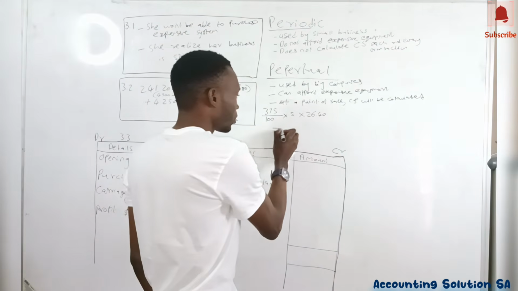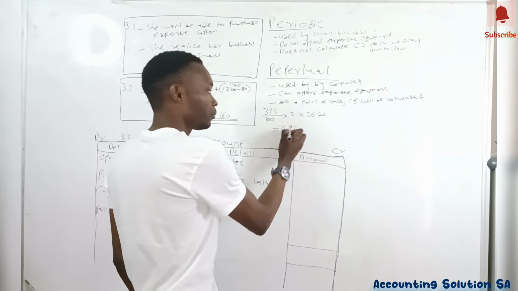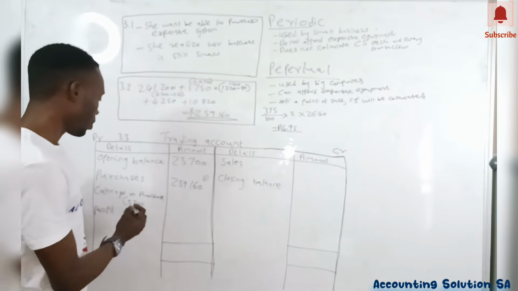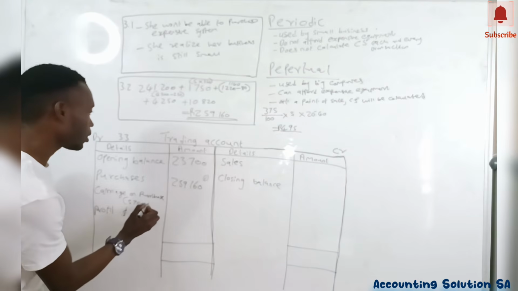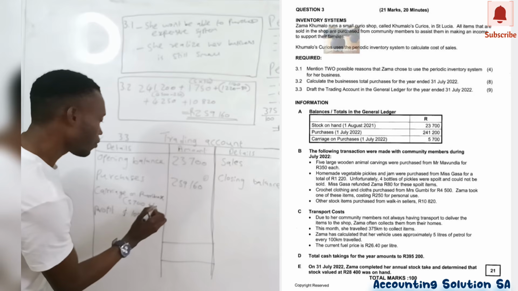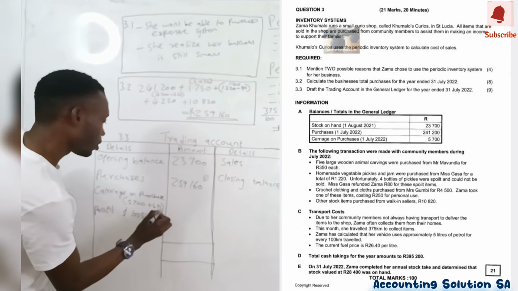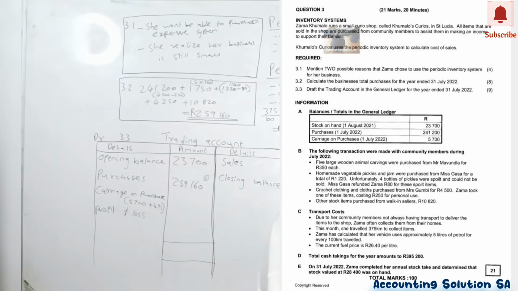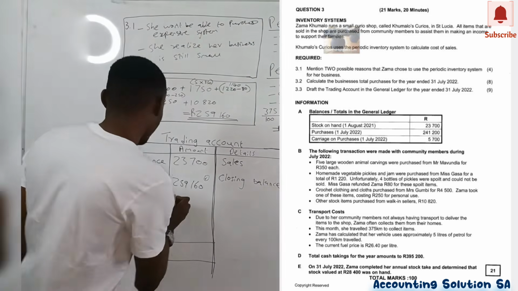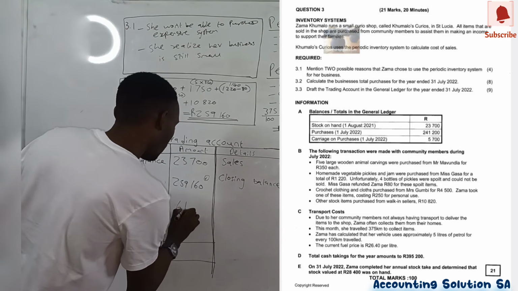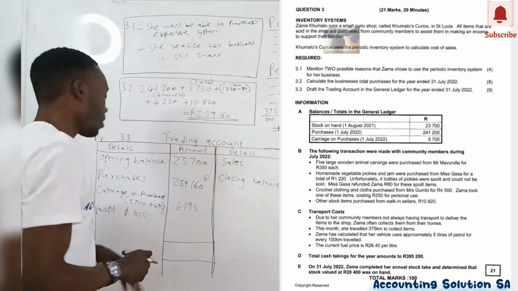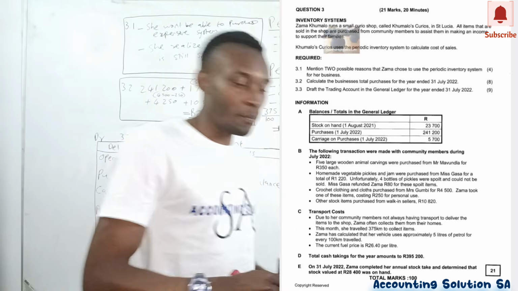Then after that it is going to give you 495 rand, which means that you are going to say 5,700 plus 495. Then we calculate, and it's gonna give us 6,195. Our carriage on purchase will be 6,195 after the additional information.